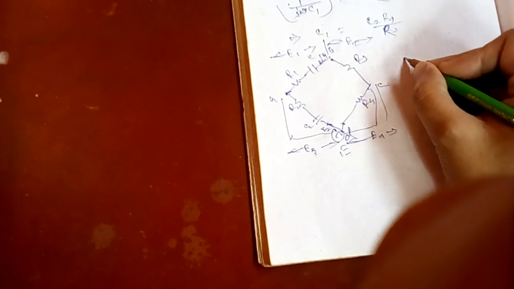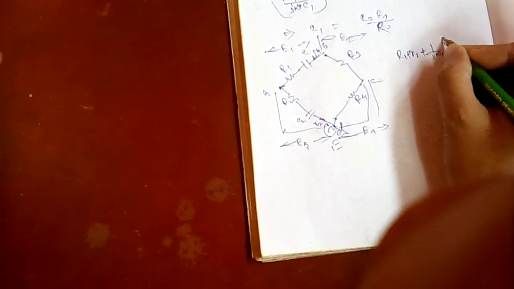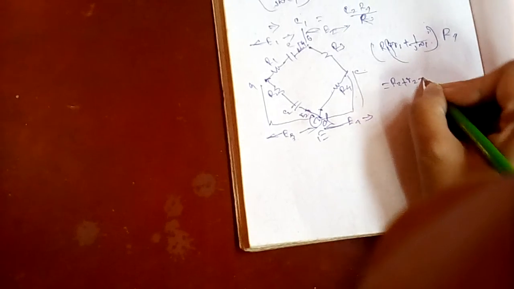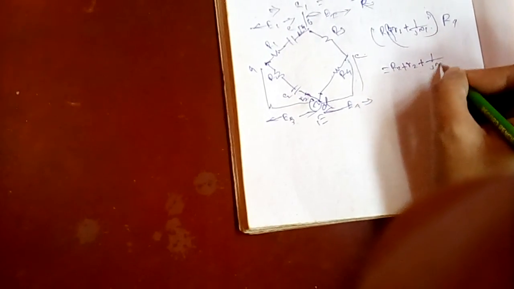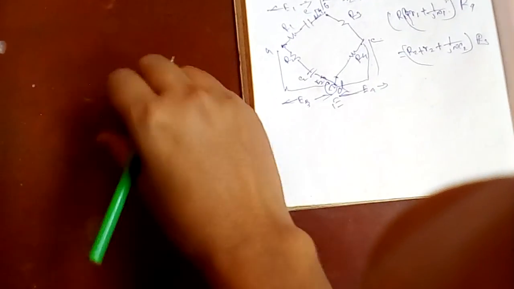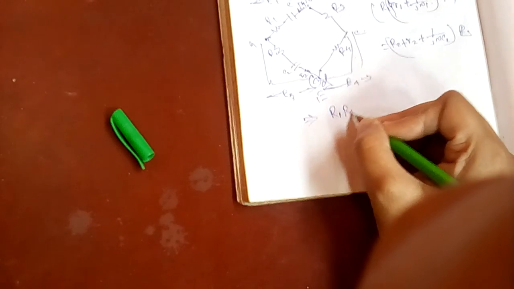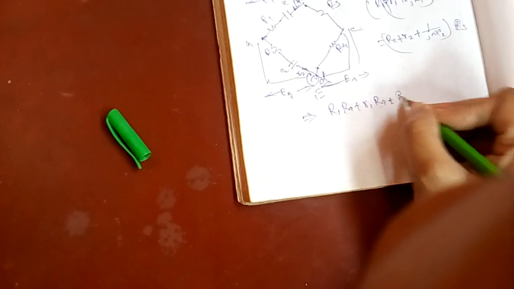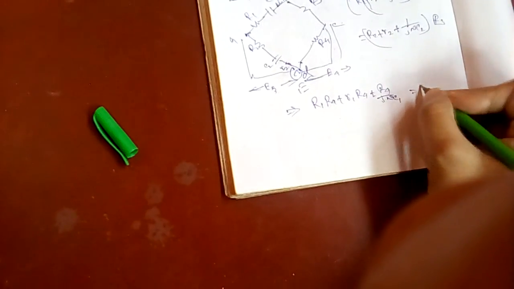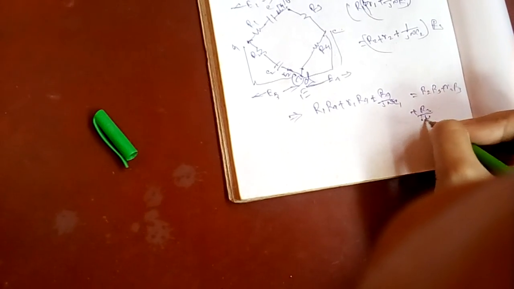Same formula, Z1 Z4 equals Z2 Z3: (R1 plus 1 by j omega C1) into R4 is equal to (R2 plus 1 by j omega C2) into R3, the same as the bridge balance equation. Then we get R1 R4 plus R4 by j omega C1 equal to R2 R3 plus R3 by j omega C2.